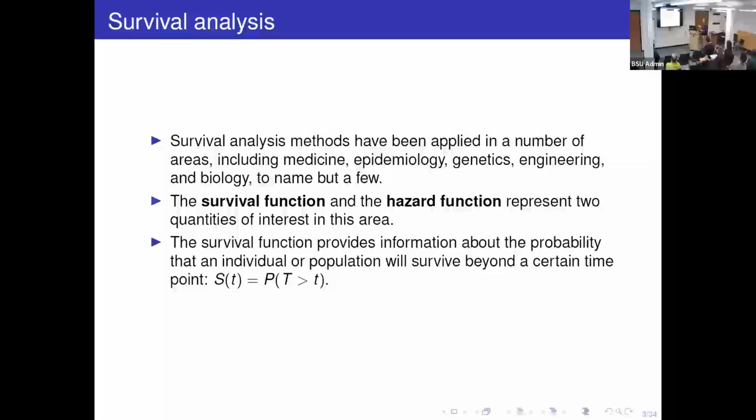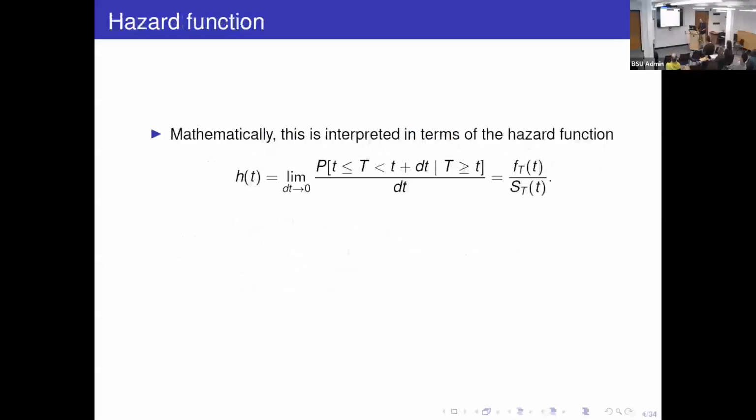So the survival function is simply the probability of surviving beyond time t. While the hazard function, as you know, is given by this limit, an instantaneous failure rate. And with some algebra, you can write it as the ratio of the probability density function and the survival function.